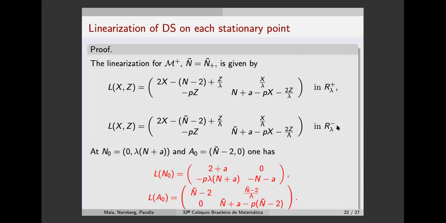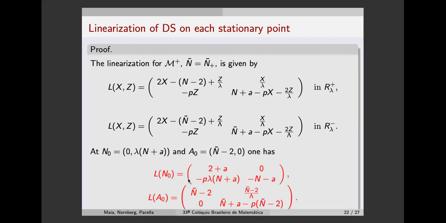And if it's in the lower half, then the expressions of f and g change, and you see n tilde in the place of n. Now, since we have the linearization of the system in any point, we apply it to N0 and A0, and we get the following matrices.